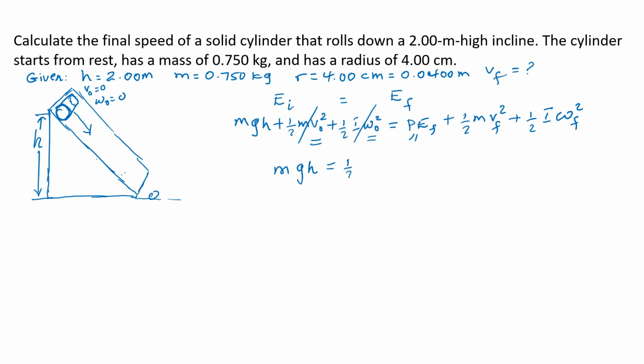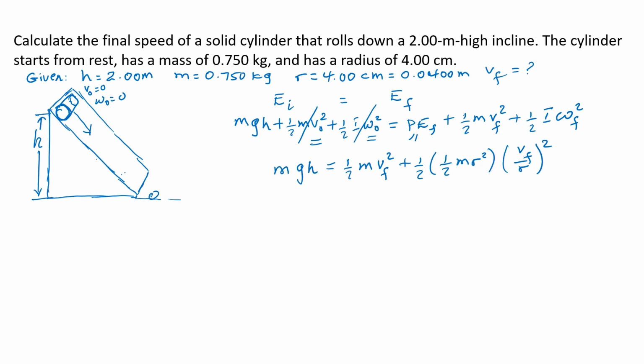So we have half m vf squared as translational kinetic energy, and 1 over 2 I, where I is for a cylinder, therefore it's going to be 1 over 2 mass times radius squared. And instead of omega f, we are going to write vf over r, because omega f is equal to vf over r.